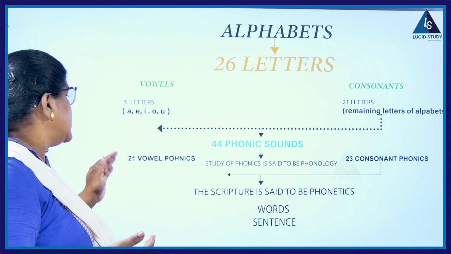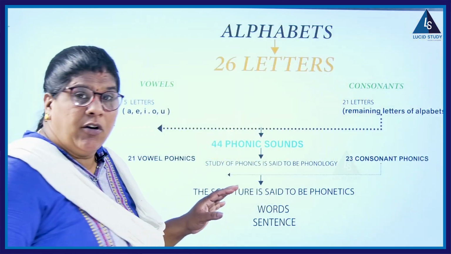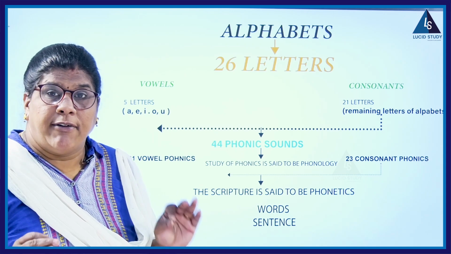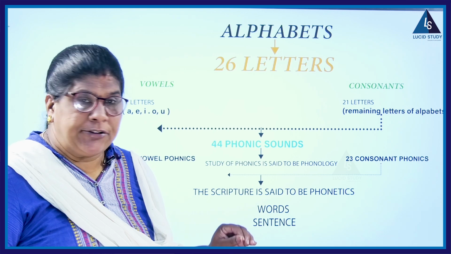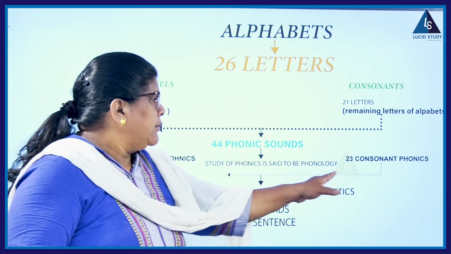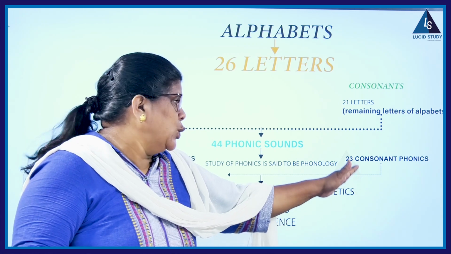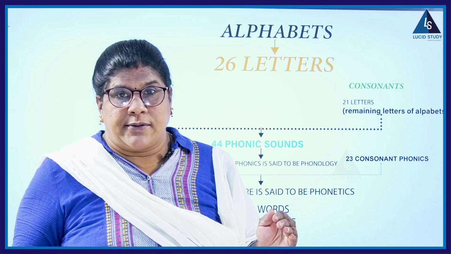5 vowels will produce 21 vowel phonics. And the remaining consonants, that is 21 consonants, will produce 23 consonant phonics.